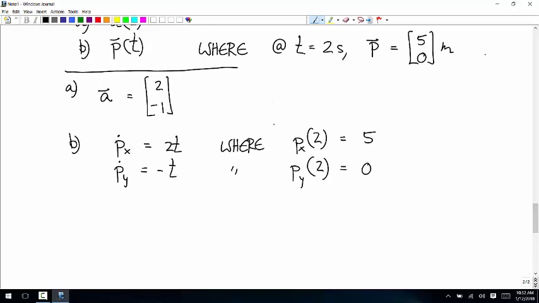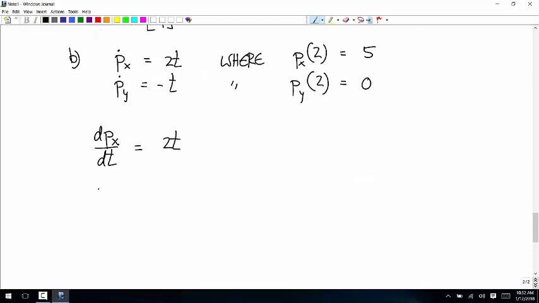And so then I'll just solve the first one first. This is an uncoupled system. All the x stuff is staying in the x equation. All the y stuff is staying in the y equation. So we have that dpx/dt is equal to 2t. So dpx is equal to 2t dt, integrate. So px is equal to t squared plus c1.